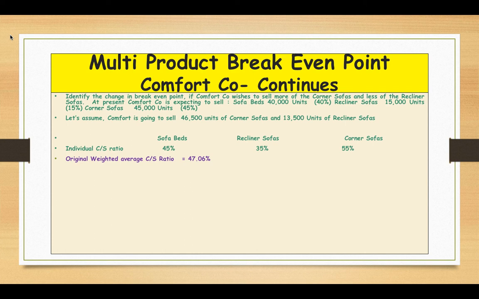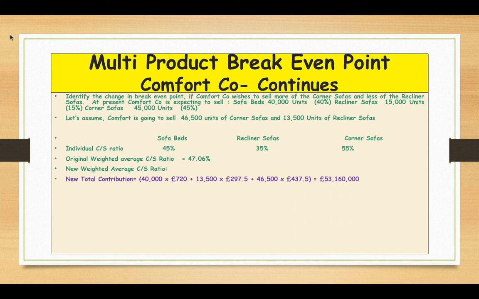Now, because the production level is going to change, we need to calculate the new weighted average contribution to sales ratio. Our total contribution is going to change, total sales revenue is going to change, so our weighted average contribution to sales ratio is also going to change.